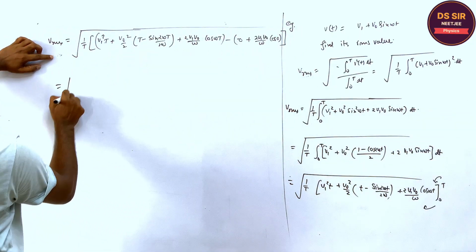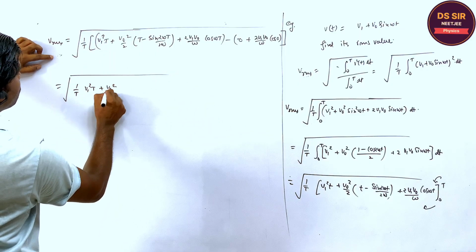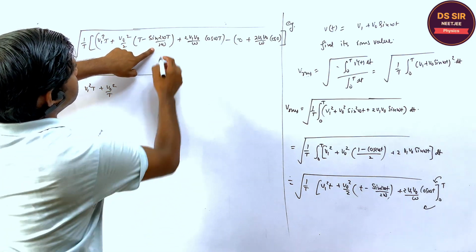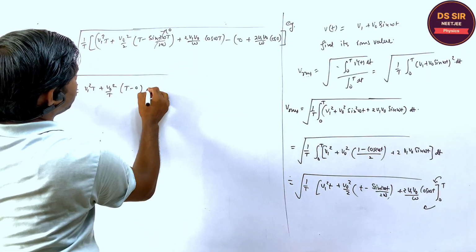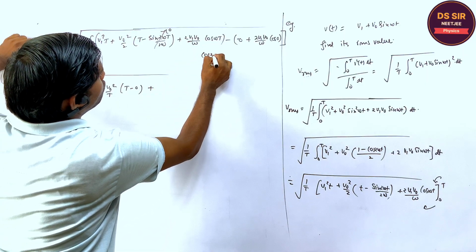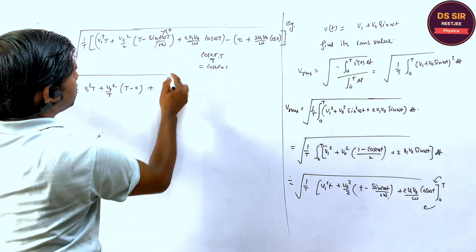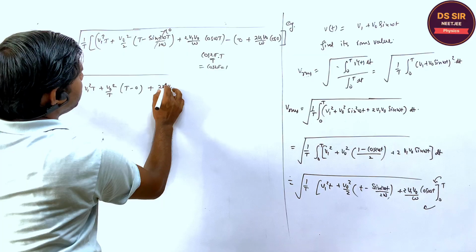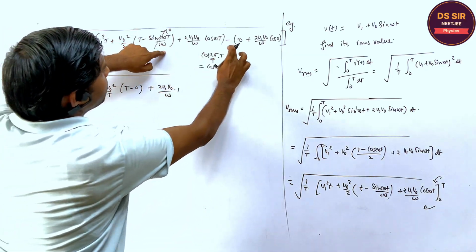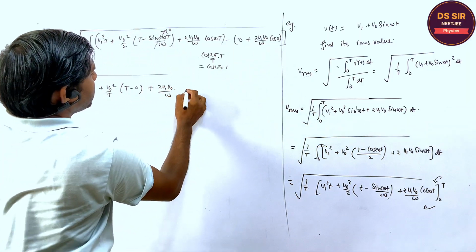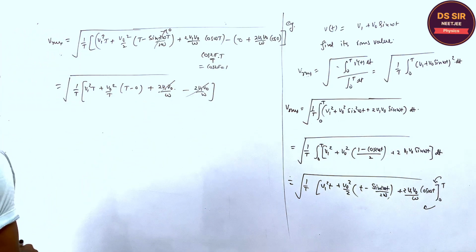So let me check. This is 1 by T times V1 square T plus V0 square by 2 times (T minus 0), where the sine term becomes 0. I have done this many times. From here, cos 2 pi becomes 1, so we get 2 V0 V1 upon omega into 1. So this is the first expression. Then minus 2 V1 V0 by omega, which will cancel out, right?